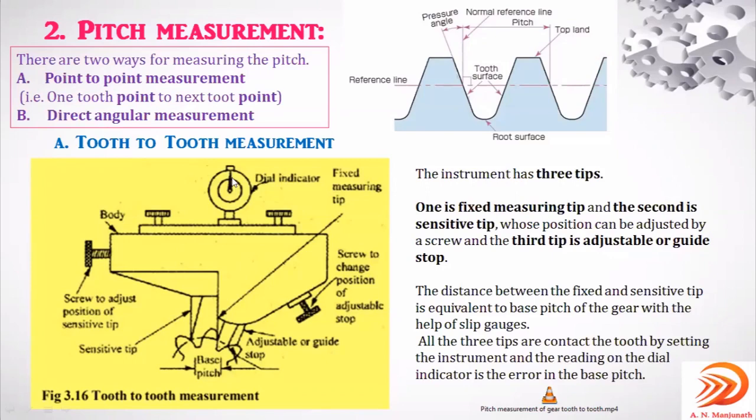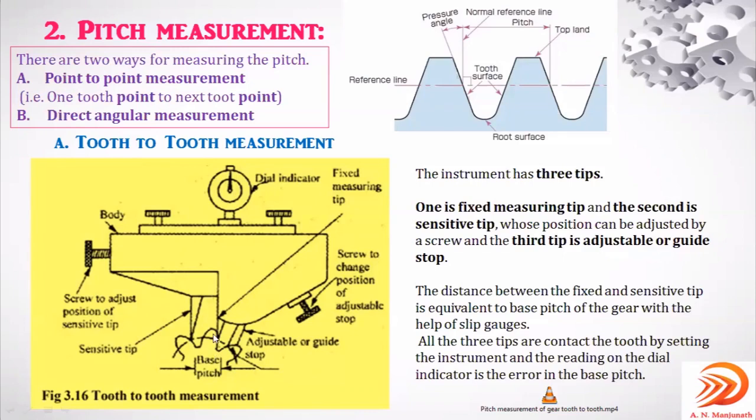It only shows the difference. That difference means there should be some standard, right? So for that we are going to use the slip gauge. There is a distance between the fixed and sensitive tip. This is the sensitive tip, this is the fixed tip, and the distance is equivalent to the base pitch. You can observe here this is the base pitch of the gear, set with the help of the slip gauge.